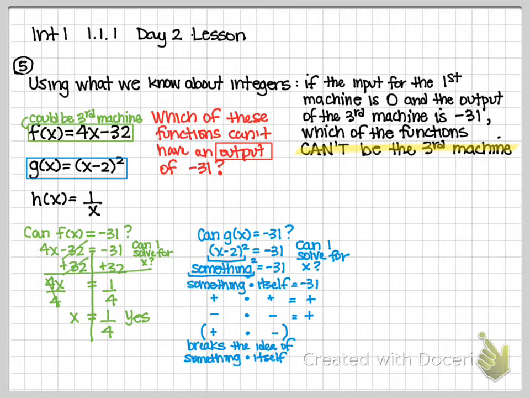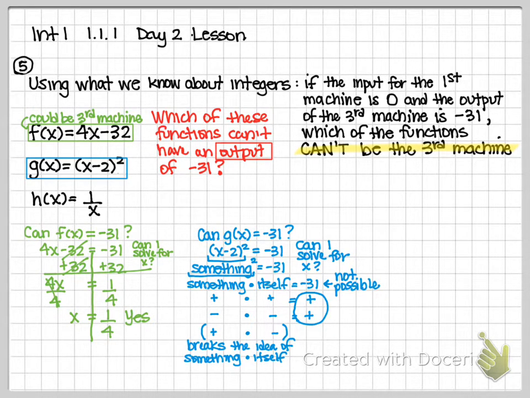But that's the only way I'm going to get a negative number. So I think the only options that I have here are going to result in a positive. So can I solve for x? No, I can't. I don't think this one's going to work. I think that something times itself giving me a negative is not possible.